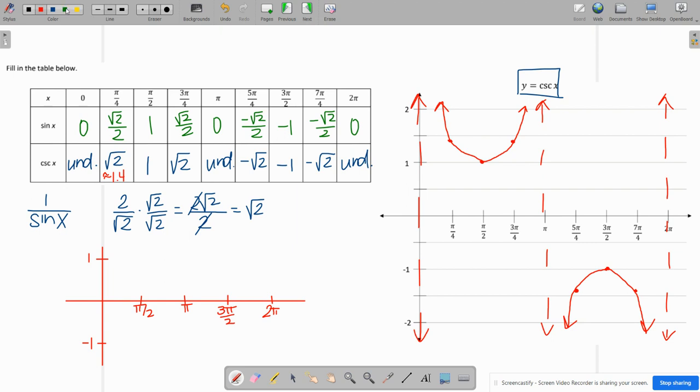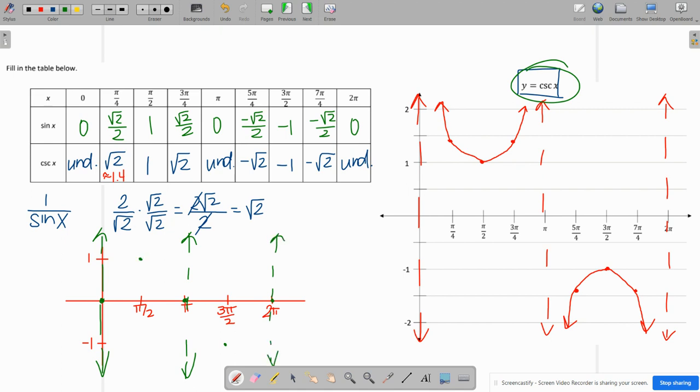If we were graphing sine, what we would do is we would start on the midline, and then we would go up to make a maximum, back to the midline, down to the minimum, and back to the midline. This is again for the sine function. So the cosecant, which is the reciprocal function, basically that means that anywhere that you had a point from sine that was on the midline, that is now going to turn into a vertical asymptote. So here, and here, and here.